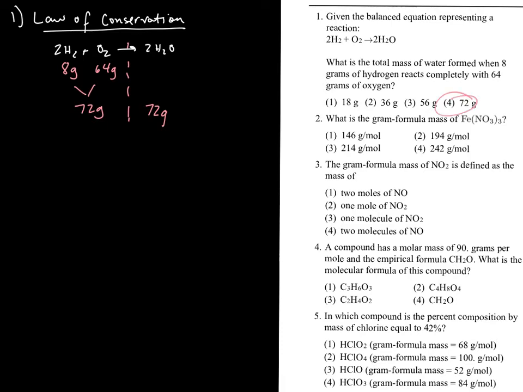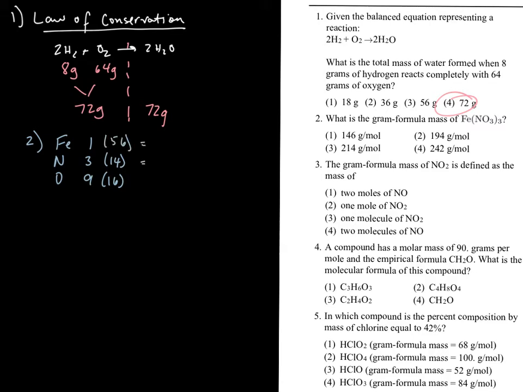Number 2. What is the gram formula mass of Fe(NO3)3? So it's iron nitrate. Let's break it down into each of the elements. There's 1 iron, 3 nitrogens, and 9 oxygens. This one is 14. Iron is 56.